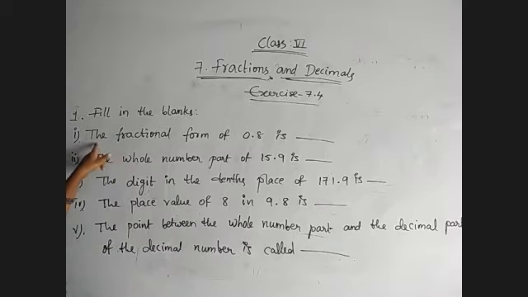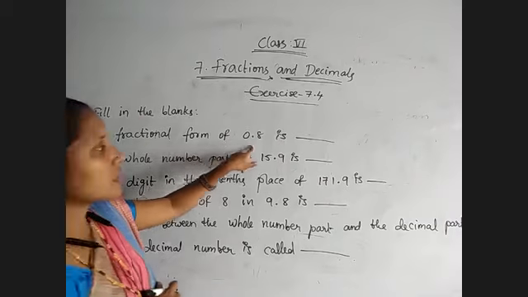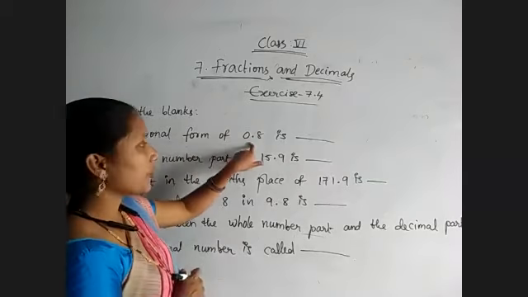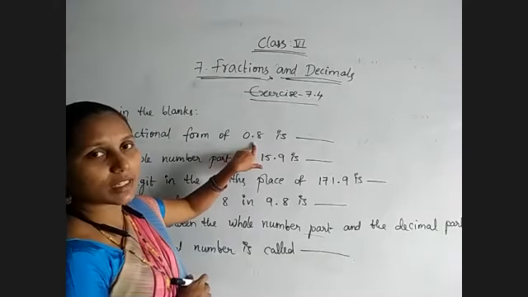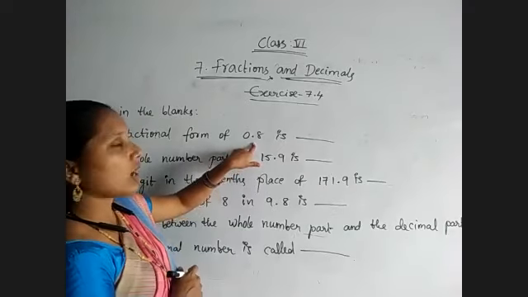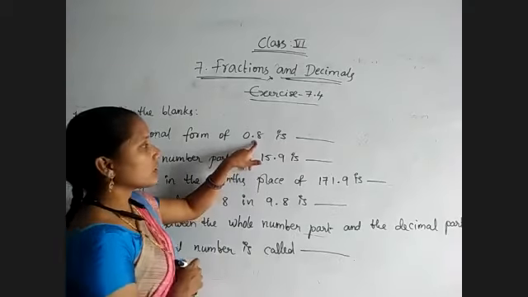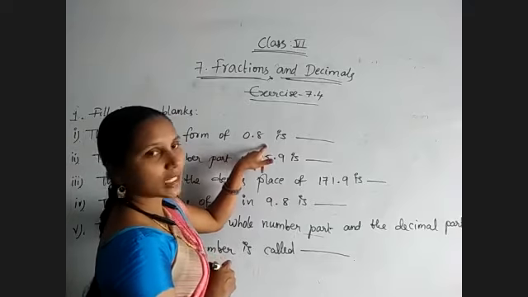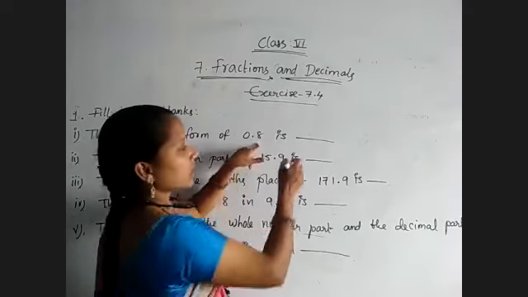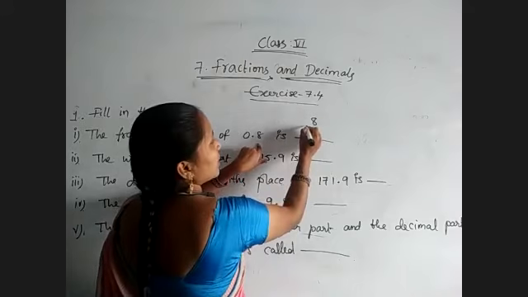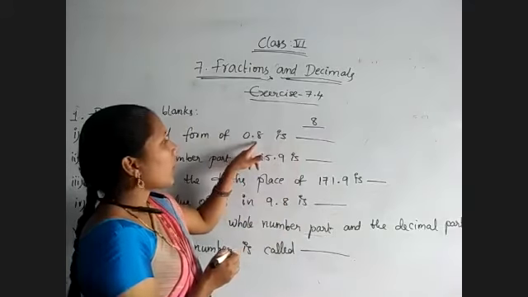Observe the question. The fractional form of 0.8. 0.8 is in decimal notation. Now for this we need to convert into a decimal fraction. So how will we convert? We write the complete digits, 0.8, which is nothing but 8 in the numerator divided by 1 followed by as many zeros as there are decimal digits.